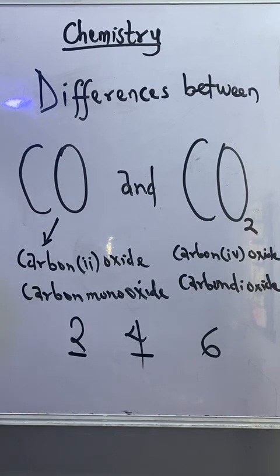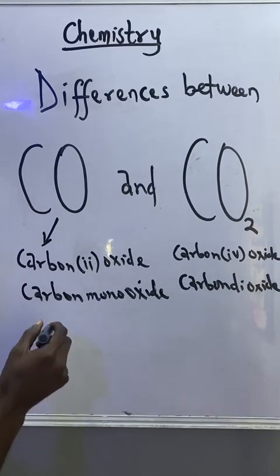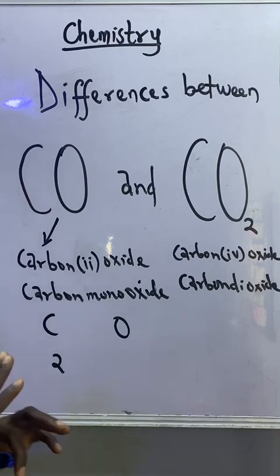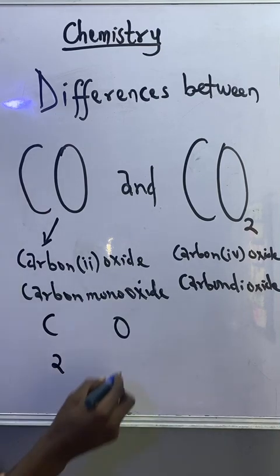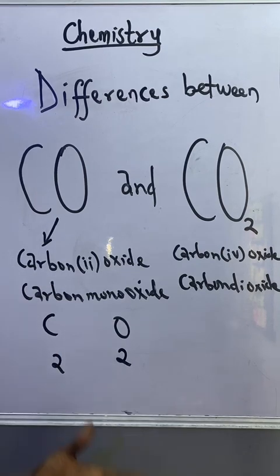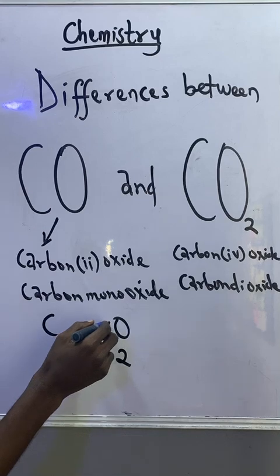Now, whenever carbon forms a bond with valency of 2, let's say carbon 2 and oxygen, the valency of oxygen does not change. Most of the time, the valency of oxygen is 2, especially if we are forming oxides of metals and non-metals, except in peroxide. So let's cross multiply.